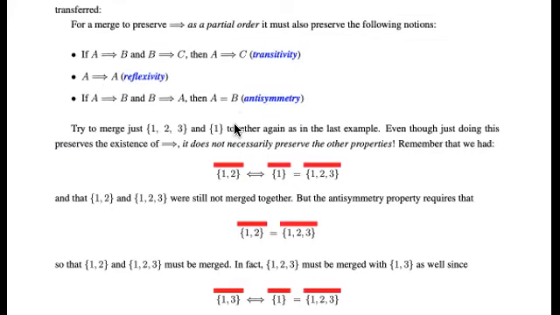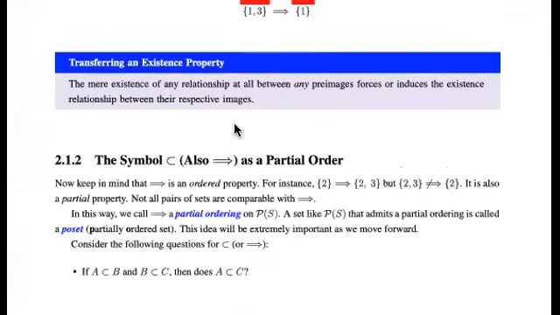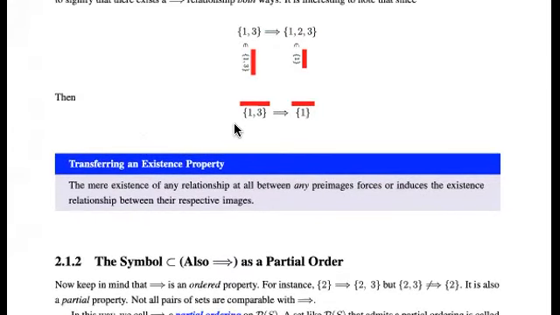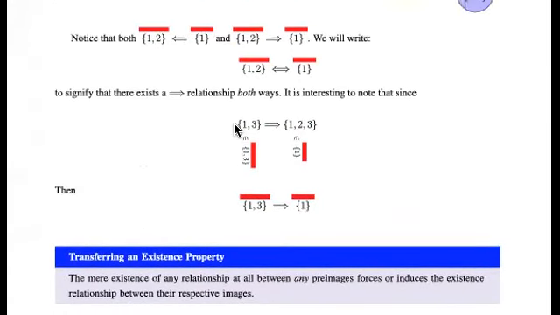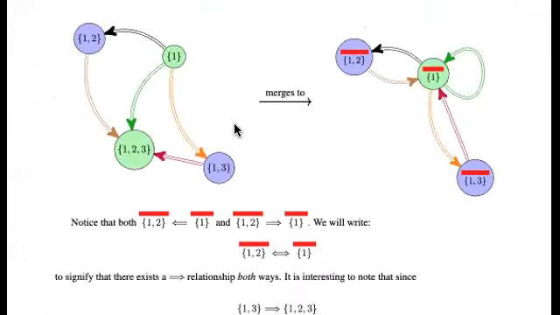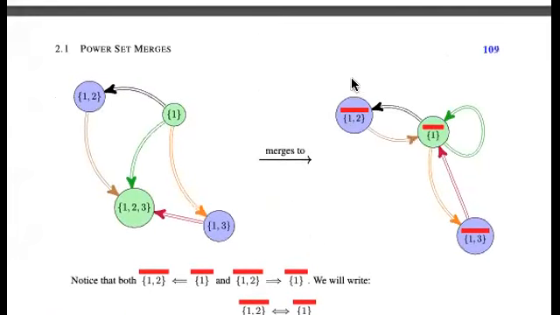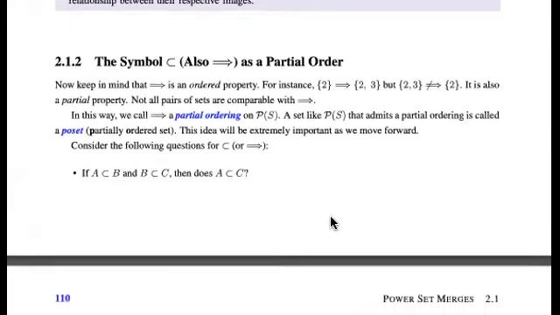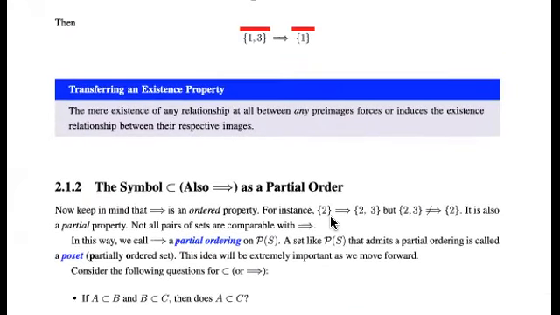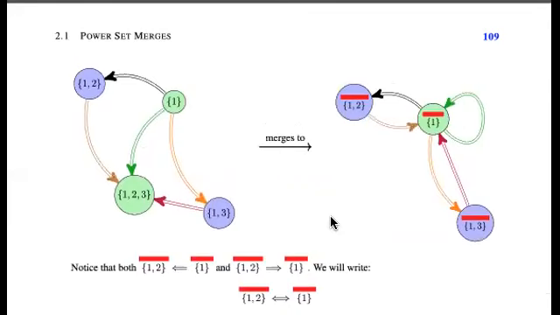We have not preserved anti-symmetry from domain to codomain. So for instance, right here, you notice I have an arrow this way and this way, but we're also assuming that these are two distinct objects. That defies the property of anti-symmetry. Hence, this merge that we were looking at is not a partial ordering preserving merge.